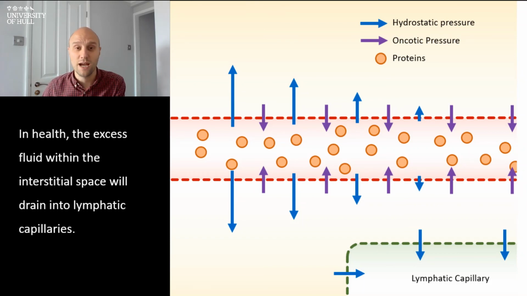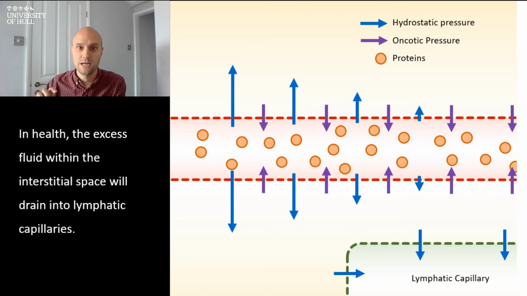Opposing this and drawing the fluid back into the capillaries, back into the intravascular compartment, is something called oncotic pressure, which is the pressure that's exerted by the larger molecules, things like the cells and proteins, that pull the water back into the intravascular compartment via osmosis, or oncotic pressure, as it's more correctly known when we talk about proteins.